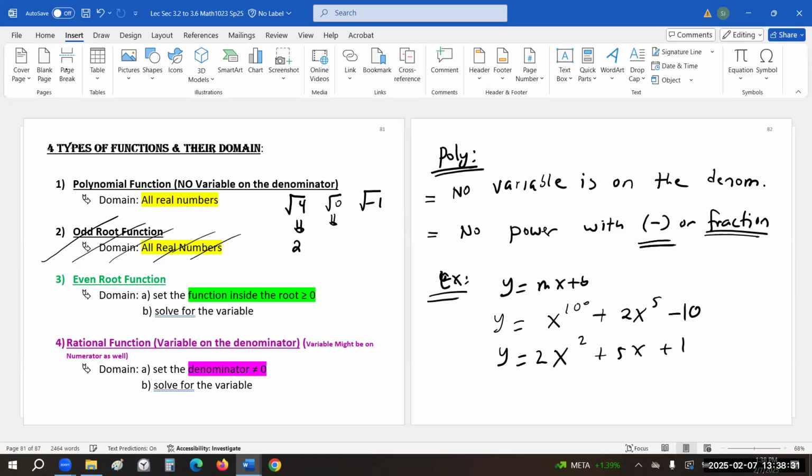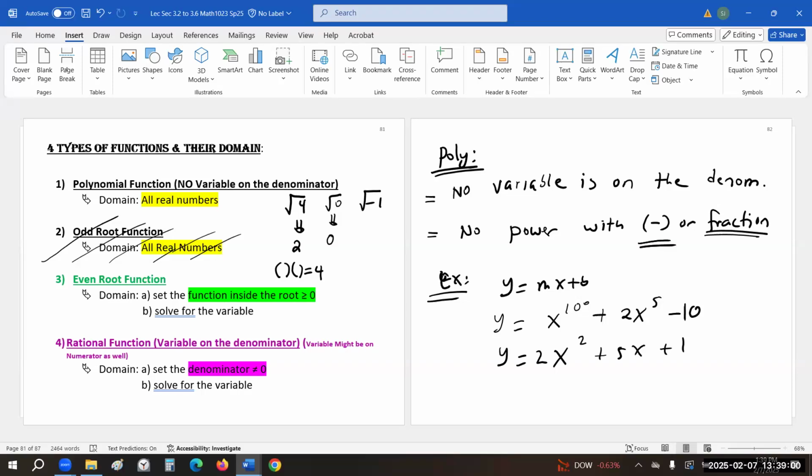Do you know what the square root of 0 is? It is 0. What does square root mean? Square root means find a number that, when you multiply it by itself, becomes the thing you have inside the square root. So that's why the square root of 4 is 2, because 2 times 2 gives us 4. And the square root of 0 is 0, because 0 times 0 is 0.